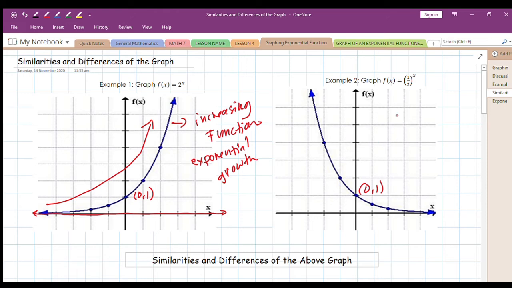On the other hand, example number 2 is a decreasing function because the graph goes down from left to right. So this is a decreasing function, and while the first one is exponential growth, this one is an exponential decay.